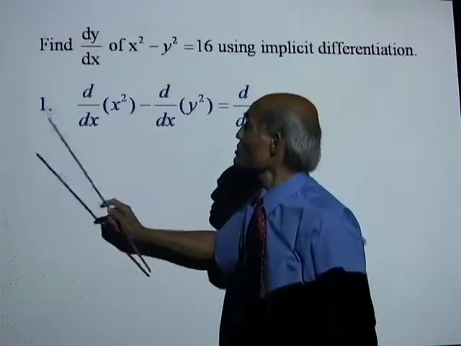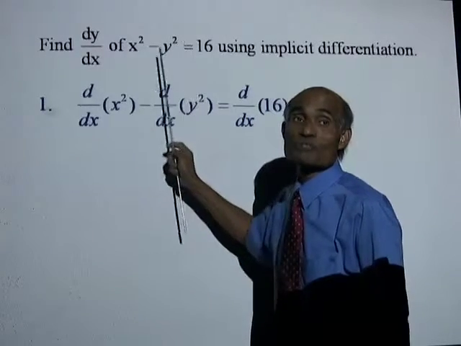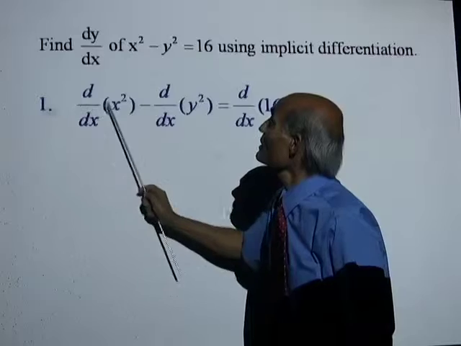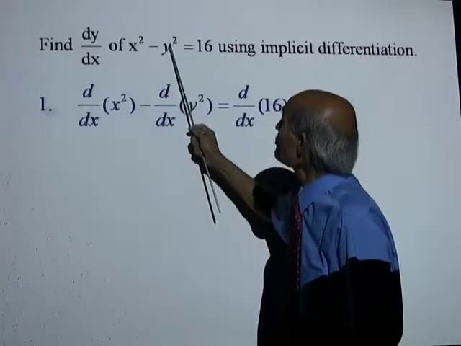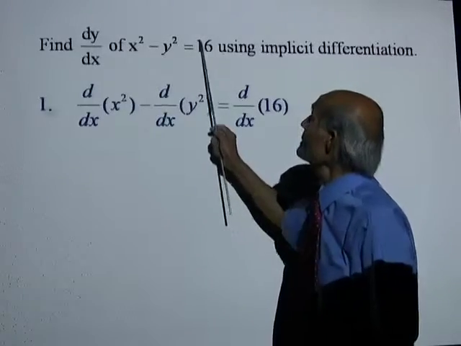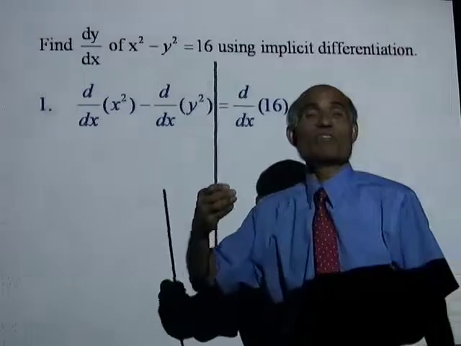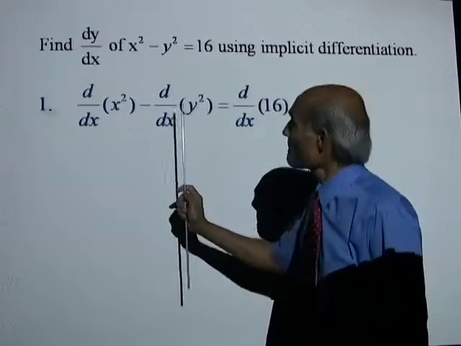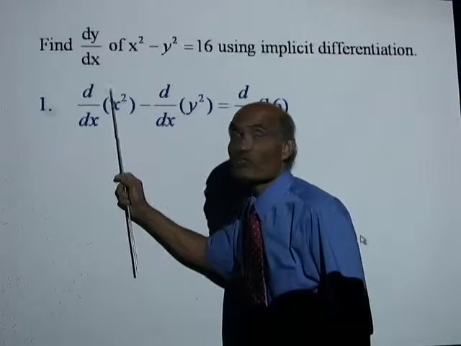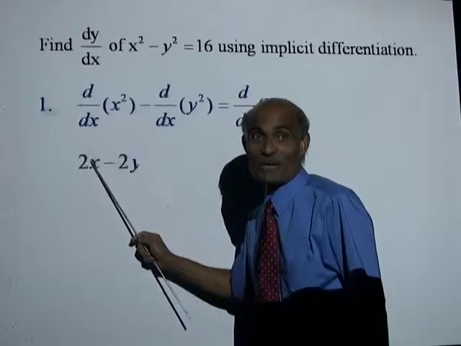All right, first step: find the derivative of each term with respect to x. D by dx of x squared, minus d by dx of y squared, will be equal to d by dx of 16. We find the derivative of each term with respect to x. What is d by dx of x squared? That will be 2x.